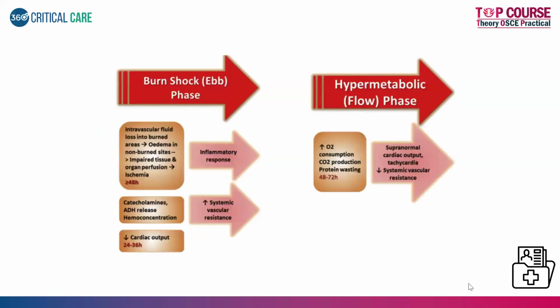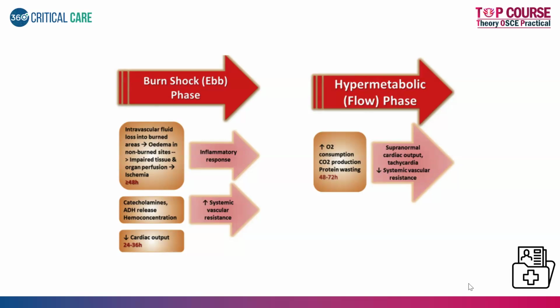Burns can be classified into two phases, especially if you're talking about burns shock. You'll have an ebb phase following a flow phase. Majorly, an ebb phase is supposed to be hypometabolic. It can be hyperdynamic, but it is still hypometabolic.